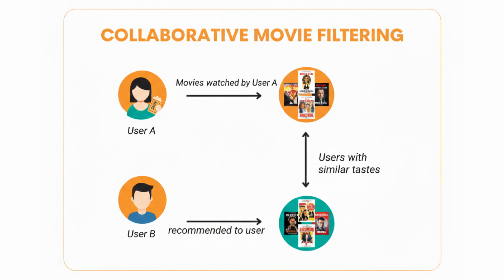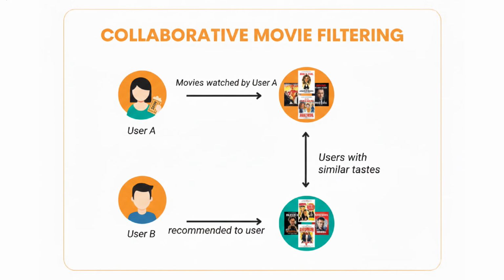Then collaborative filtering is the second type. What it does is that it leverages user behavior. So for example, if user A and user B like similar things, the system will recommend items user B liked to user A and the other way around.